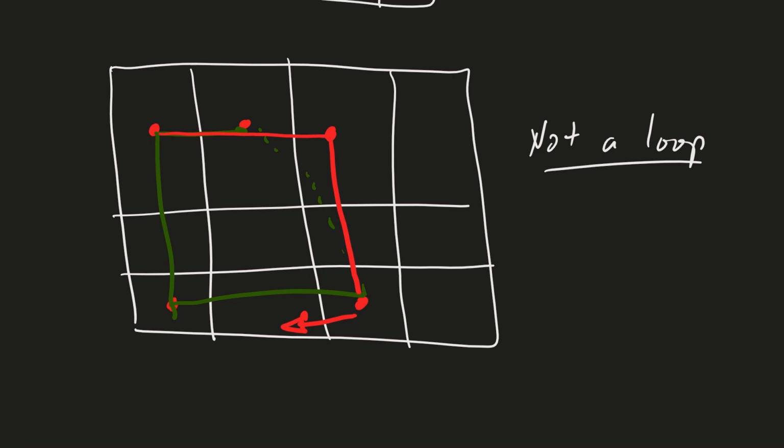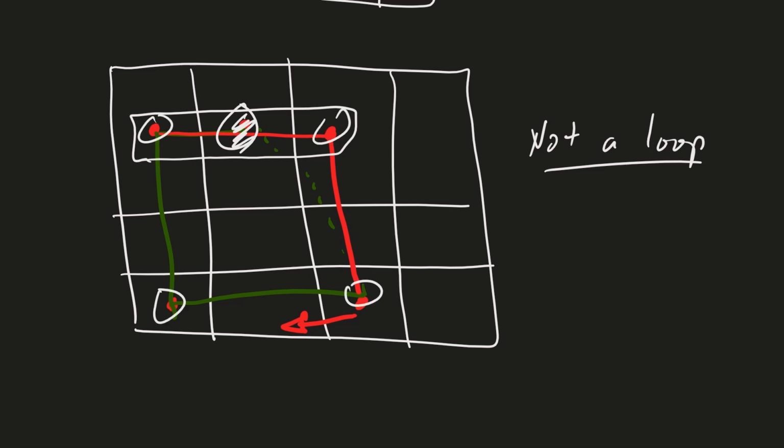And the answer is no, because of this cell. You can't have 3 lining up in the same row or column. That's what we're saying is number 2 in the list. So this is not a loop still. But if I deleted this cell and I only had this cell, this cell, this cell, and this cell, then it would be a loop.